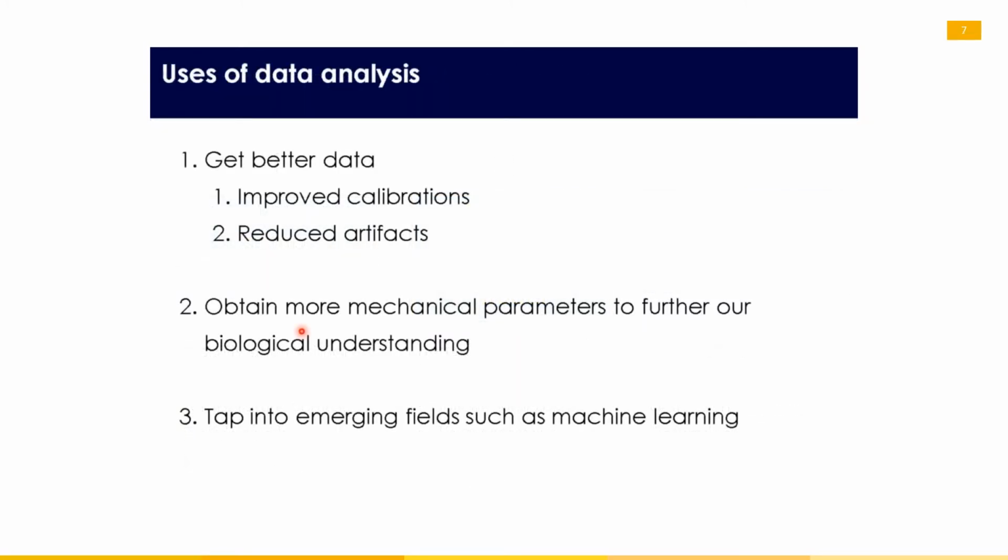So why do we use data analysis? First, to get better data and therefore improve calibrations and reduce artifacts. The second reason is to obtain more mechanical parameters to further our biological understanding. And the third one is to tap into emerging fields such as machine learning.